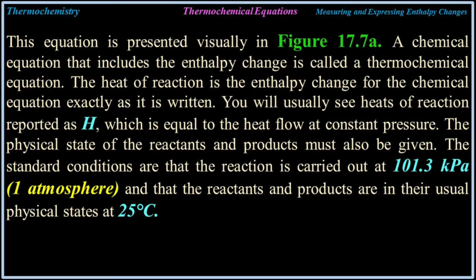The physical state of the reactants and products must also be given. The standard conditions are that the reaction is carried out at 101.3 kilopascals, 1 atmosphere, and that the reactants and products are in their usual physical states at 25 degrees Celsius.